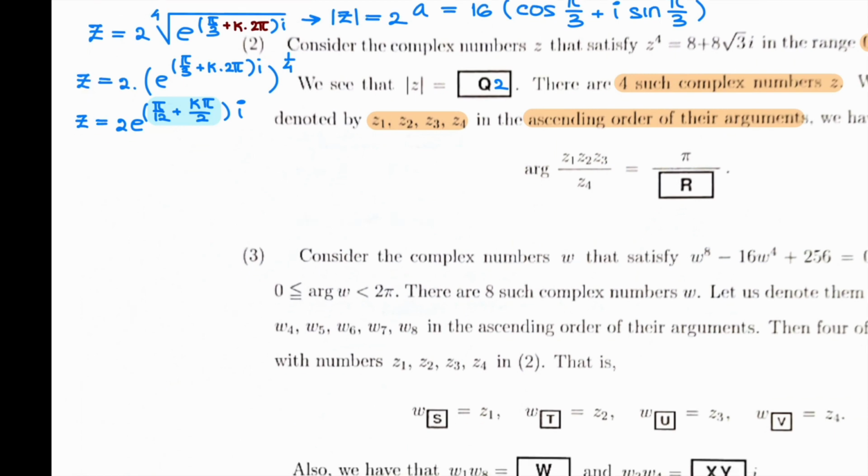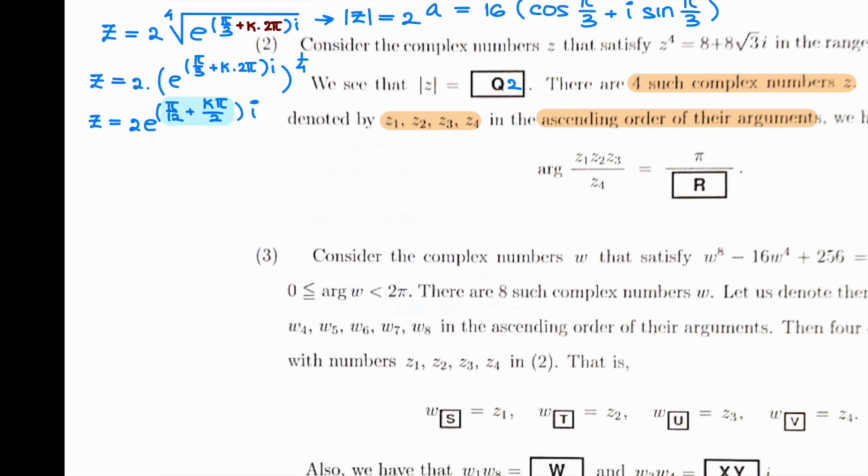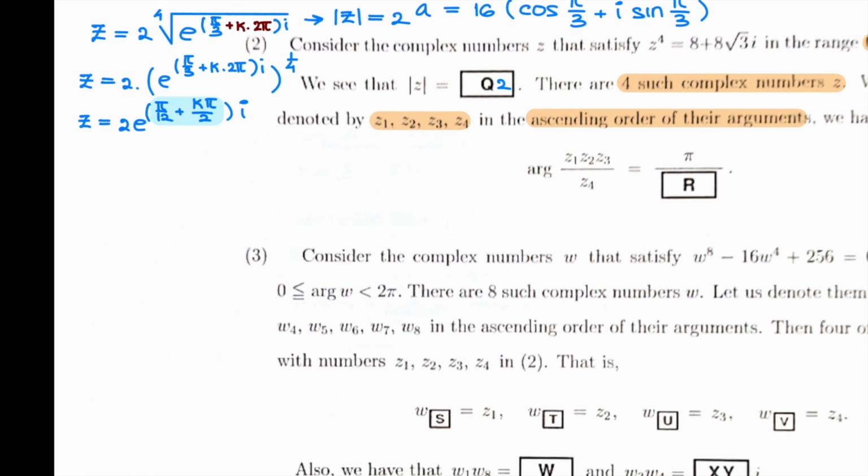So let's say the argument of z1 is alpha 1. If I substitute k equal to 0, I will obtain pi over 12 plus 0, which is pi over 12.